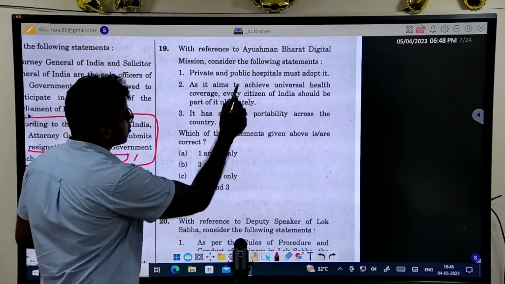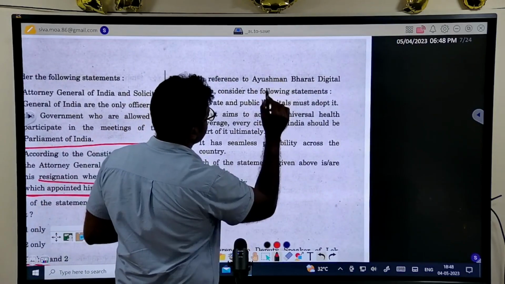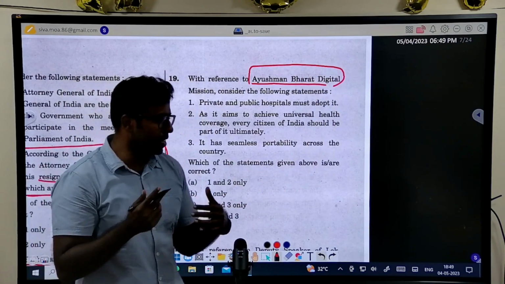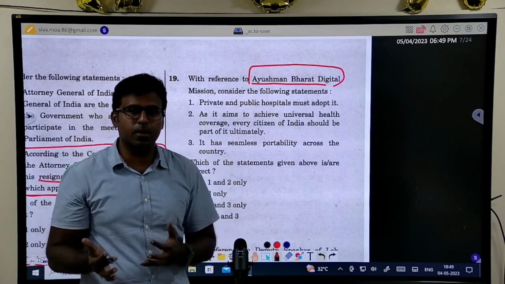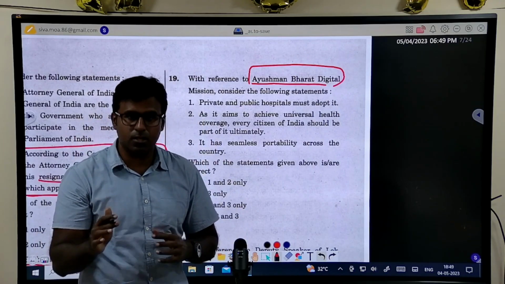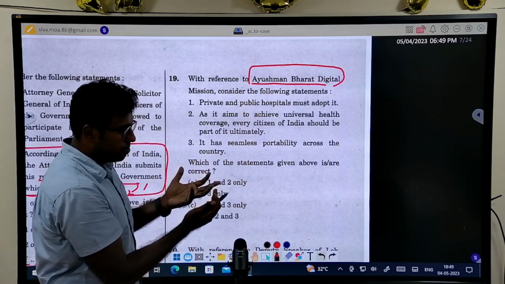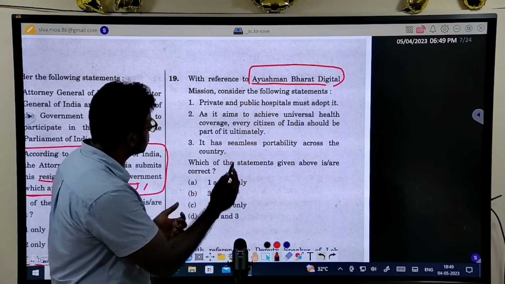Next question, Ayushman Bharat. This is again logic. See, the exam is logic. It's not possible to guess the answer inside the hall. Look at Ayushman Bharat, and you need not worry too much about facts either.